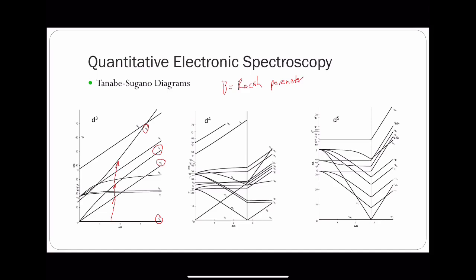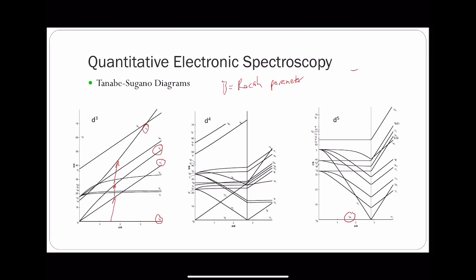If we look at a different example, let's consider a d5 system. On the far right-hand side, in our high spin environment, we have a sextet A1, so a multiplicity of 6. And you'll notice that there are no excited states that are also sextet. This is obvious.